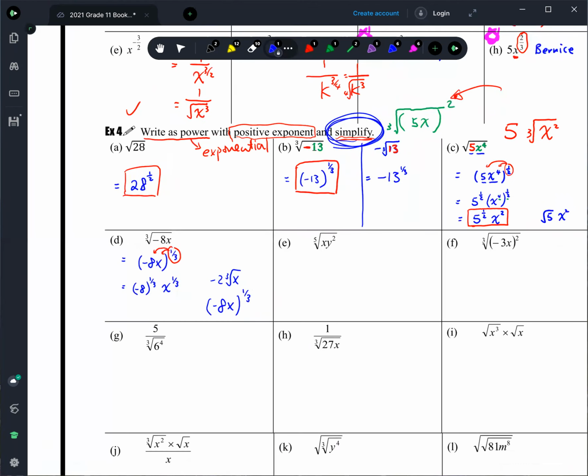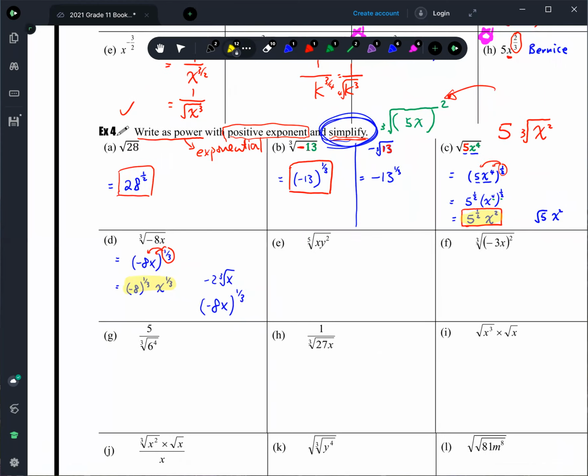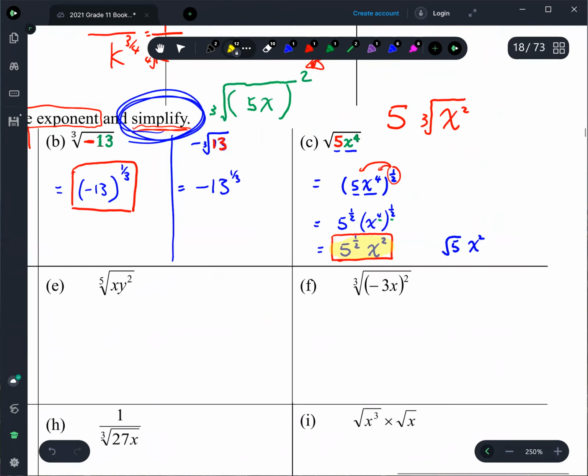So now this step is kind of like this step in question C, the one I highlighted, like 5 to the half, x squared. This one we have -8 to the 1/3, x to the 1/3. For the previous one, the 5 to the half, I could not do anything anymore, right?